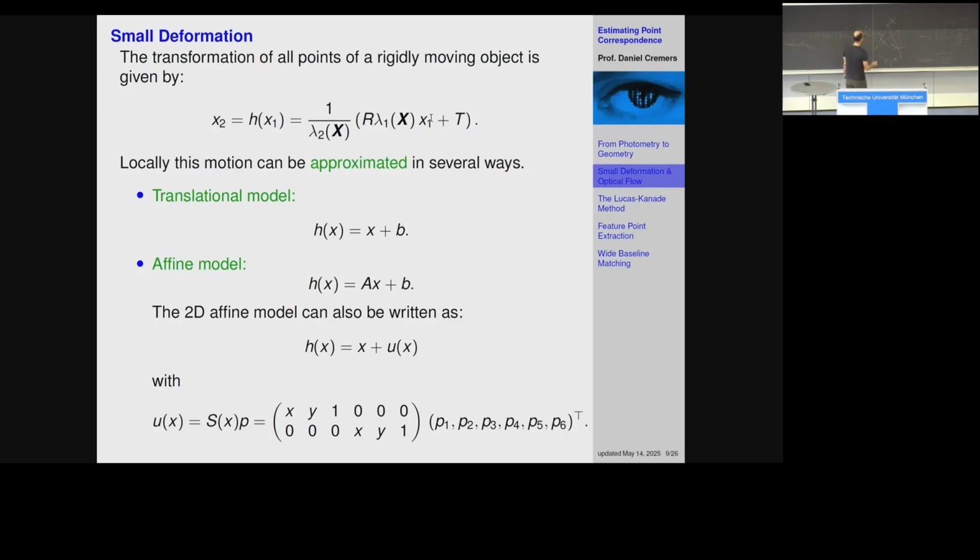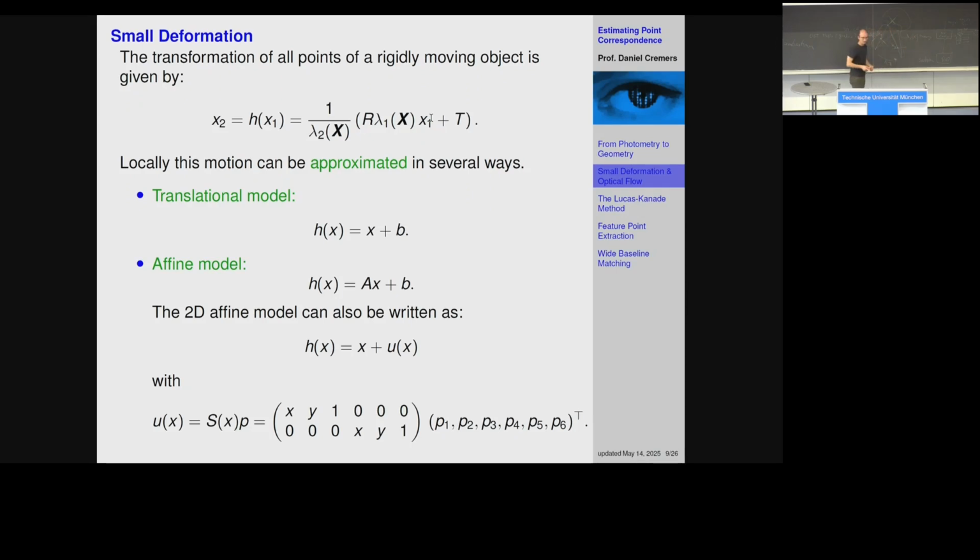And in addition, more notation: this distance from the first camera we'll call lambda 1 of x. That is the distance of the point x from the camera center of the first camera. And obviously this distance here to the second camera is what we call lambda 2 of x.